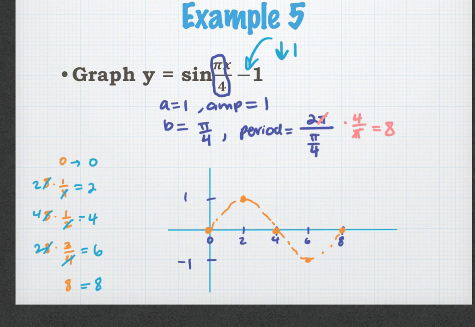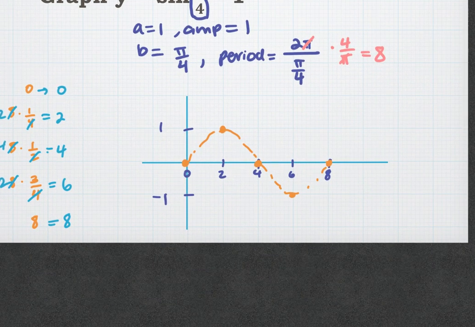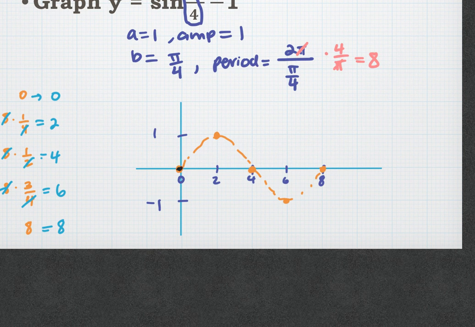Now I take every single one of those points and I literally shift it down 1 place because it's a shift down 1. So instead of this point being here, I move it to -1. Instead of the next point being at 1, I move it to 0. Instead of the next point being at 0, I move it to -1. The next one's at -1, I move it to -2. The next one's at 0, I move it to -1. I connect those and that would be the answer.